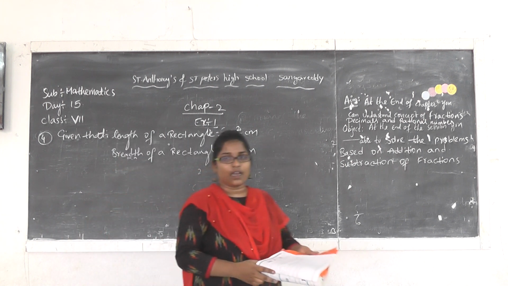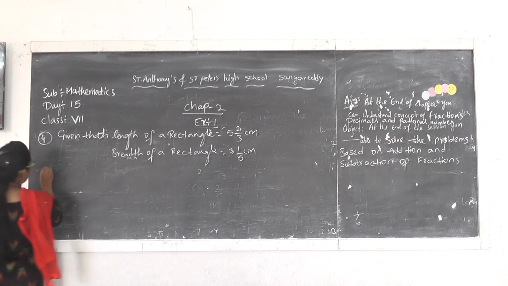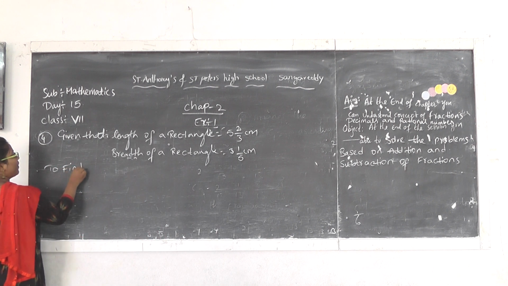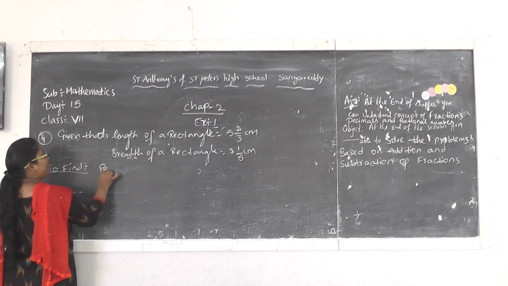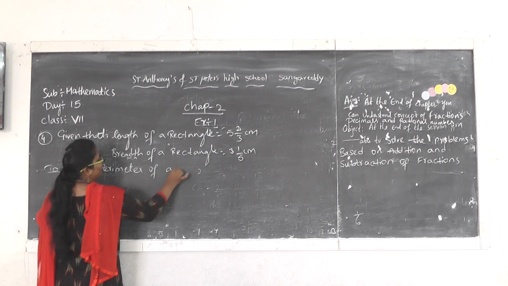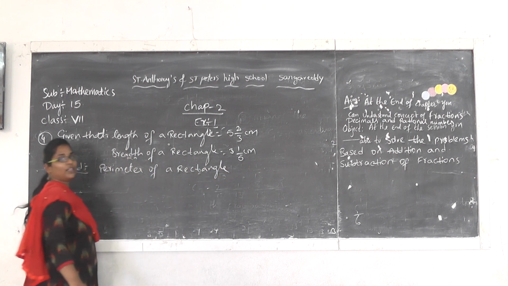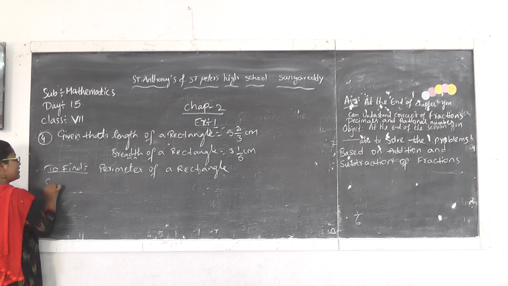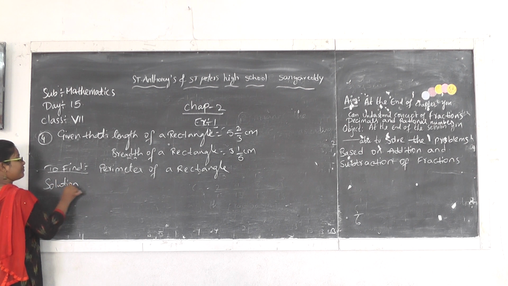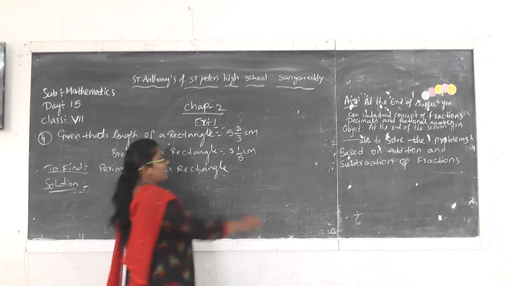This is the given data. What is asked? To find the perimeter of a rectangle. What we have to find: the perimeter of a rectangle. Solution. Let us solve. So what is the given data? Length of a rectangle.